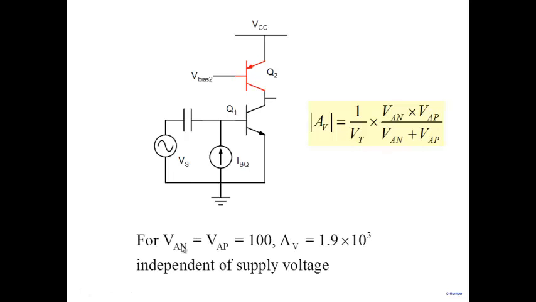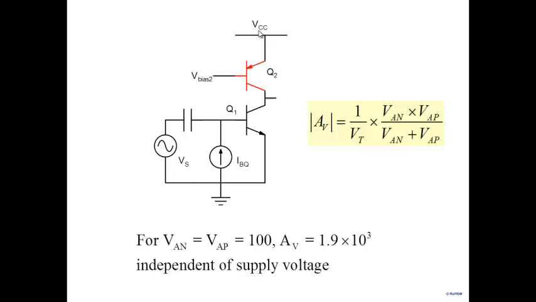Let's say the early voltage of NPN and PNP is a reasonable number, 100. What we get is a gain of 1.9 times 10 to the power 3. We get a gain of about 2000, and the supply voltage is 1.5 volt.